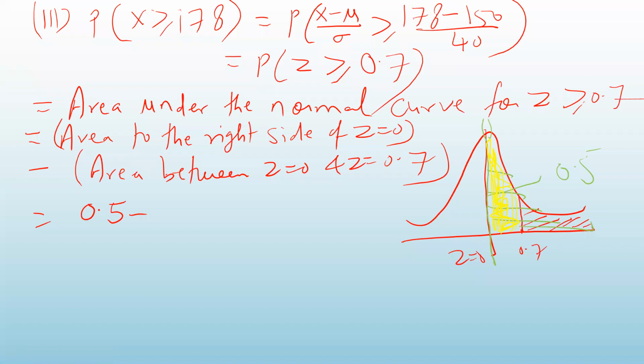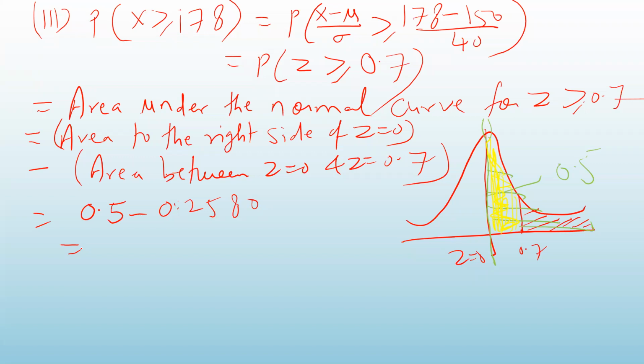So let me just find out what that area is. The area between z equal to 0 and 0.7 is 0.2580, correct. Now subtract this from 0.5, so you will get the required area.